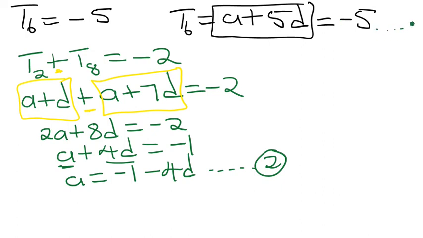Which means where we see A, we're going to substitute by negative 1 minus 4D in equation 1. So let's have another page so that we do that.